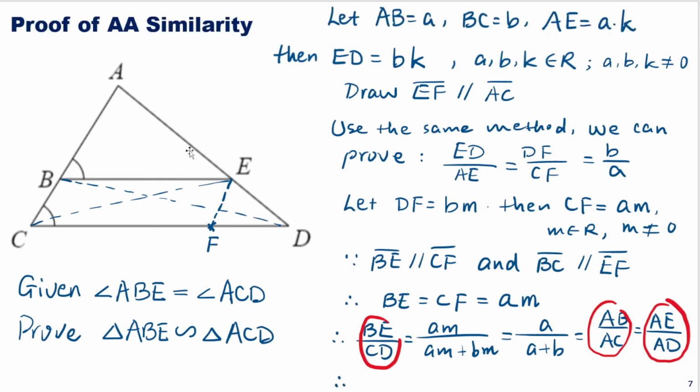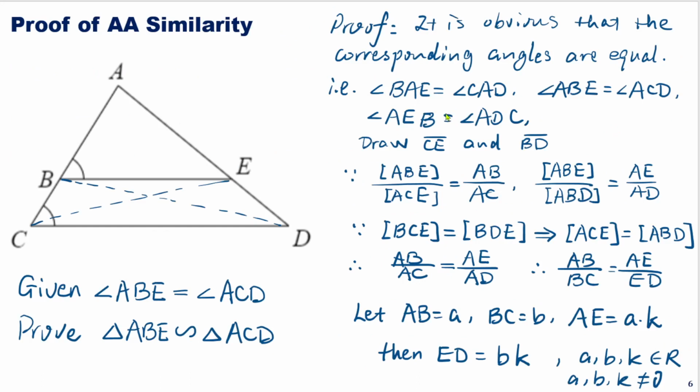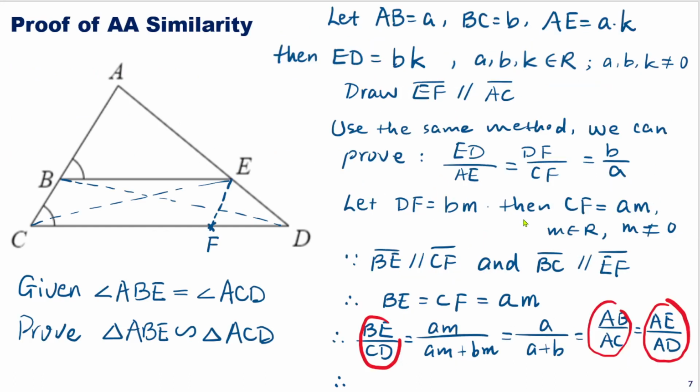And previously we have proved corresponding angles are equal. That means we have completed the task. These two triangles are indeed similar. So triangle ABE is similar to triangle ACD, right? Which completes the task.